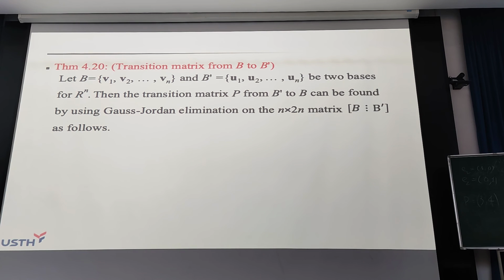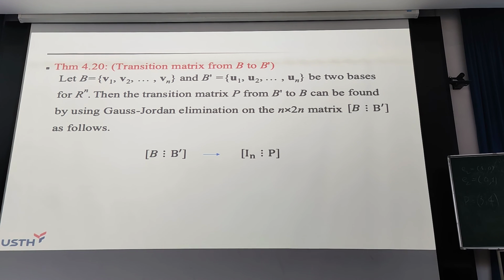Then the transition matrix P from B prime to B can be found in the following way. You can use Gauss-Jordan elimination to find it. Here, you put B and B prime side by side.